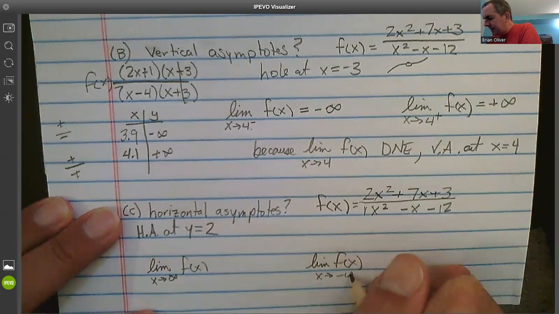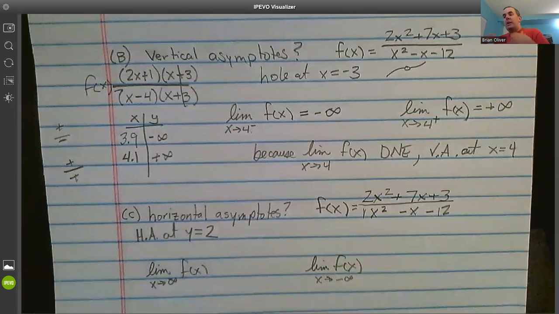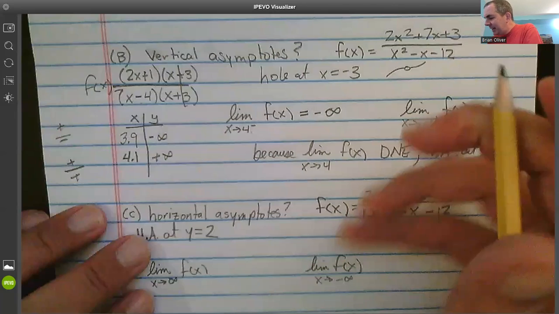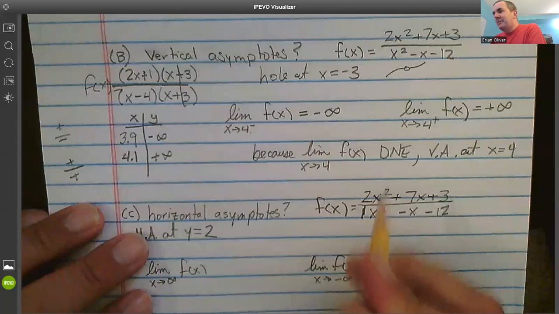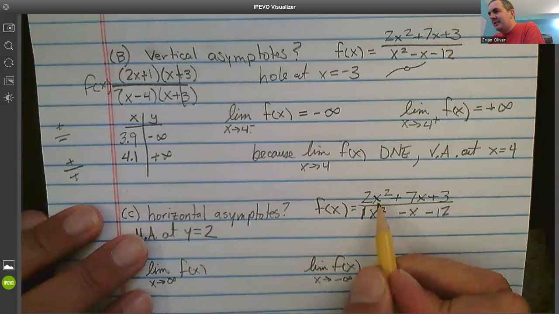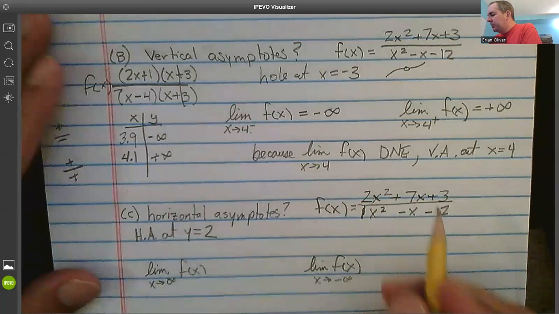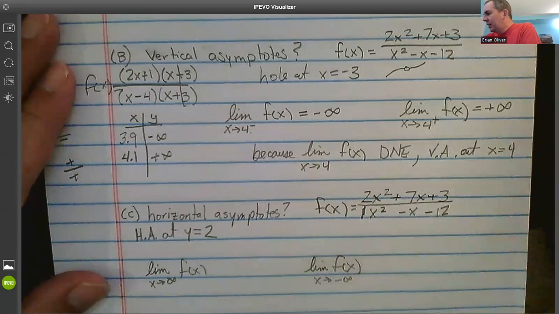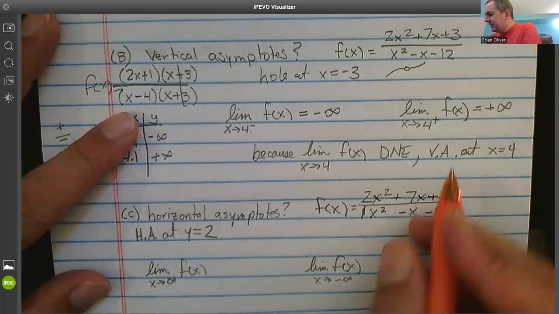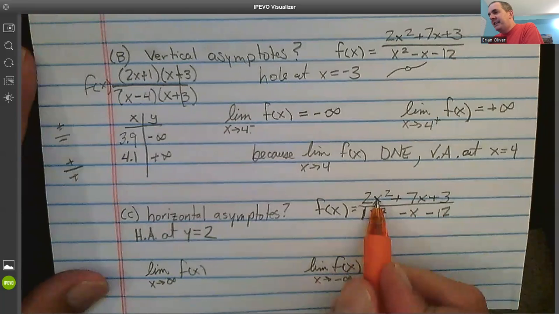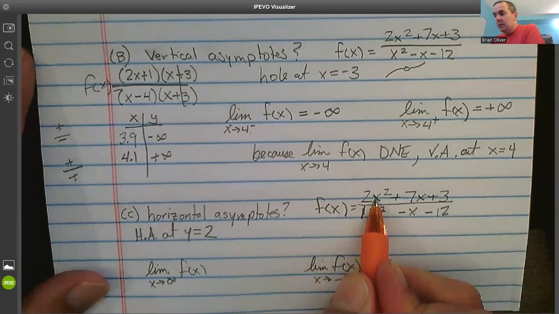So what happens up top, what happens down below when I stick these really big numbers in? There is a way that I can say that we actually divide by the biggest term, and I can walk through it in class. But the realistic way is, when all said and done, if I'm putting infinity in for x, infinity squared is a huge number.